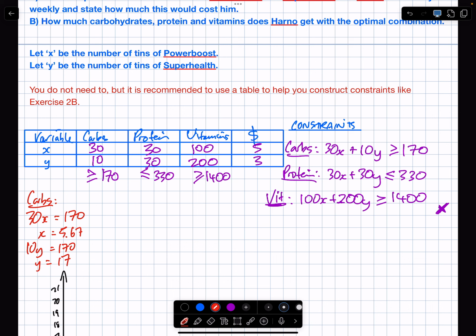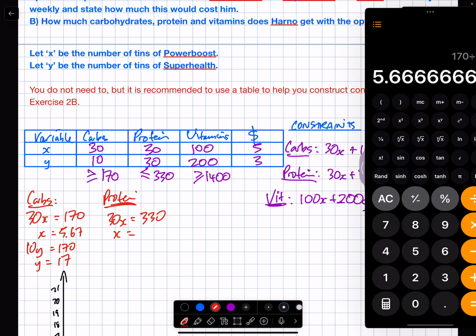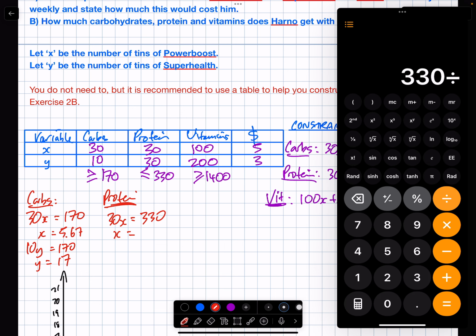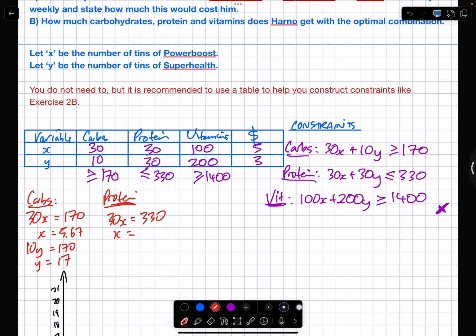That's for carbs. Let's do protein. Protein, 30x equals 330. So x is going to be 330 divided by 30, 11. And y is going to be 30y equals 330. That one's going to be 11.